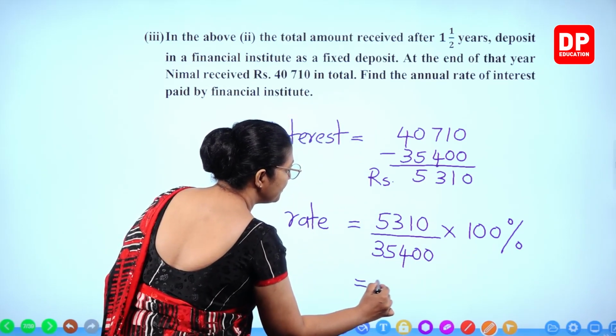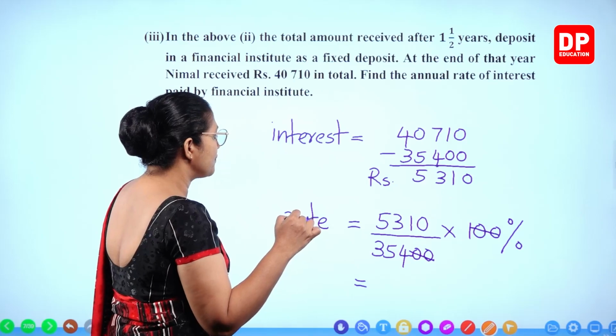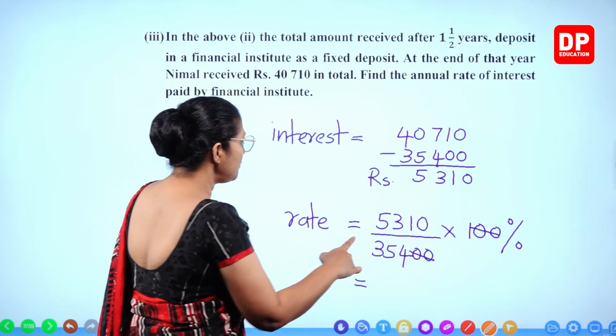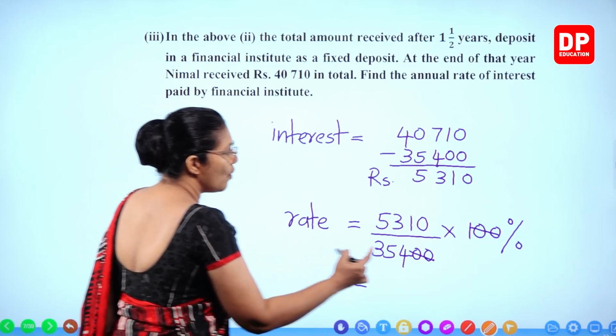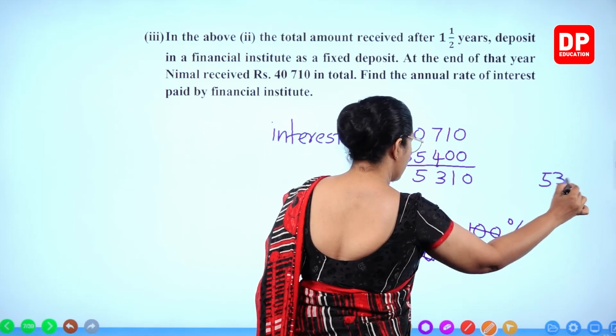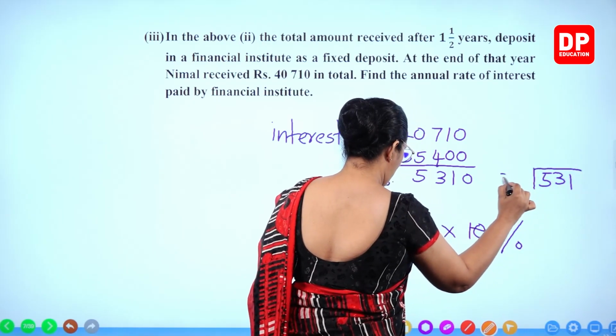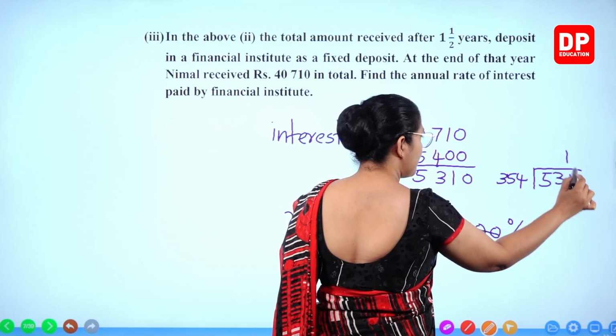So what is the value? 2 zeros get cancelled out with this one. So you get 354 as the divisor into 531, 304, 54. So you get 1.